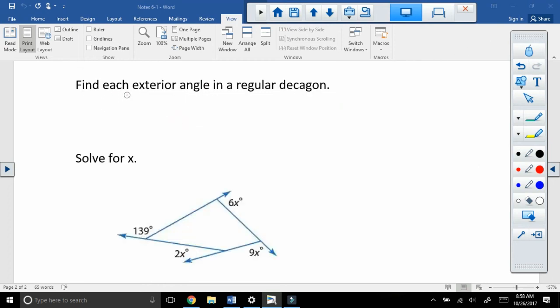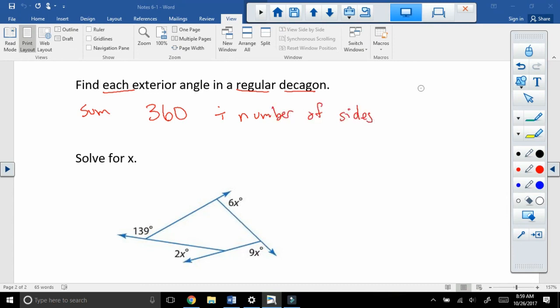Okay, the directions for this one say find each exterior angle in a regular decagon. You do have to pay a little more attention to this, because now we're not just finding the total sum of all of them, we're finding each one. So the sum of all of them is going to be 360 degrees. But then what would I have to do to find each one? I need to divide that by the number of sides.